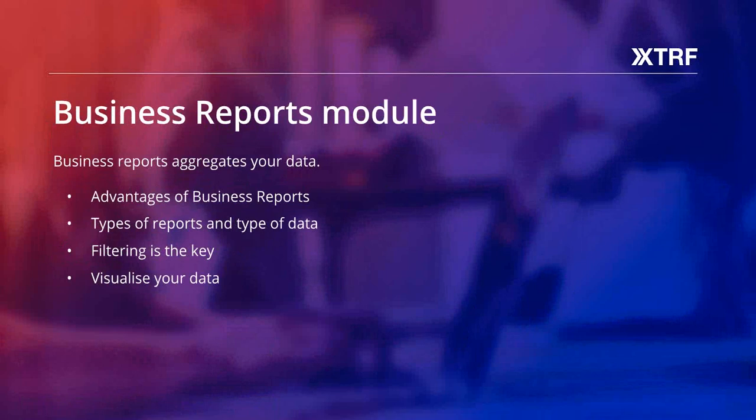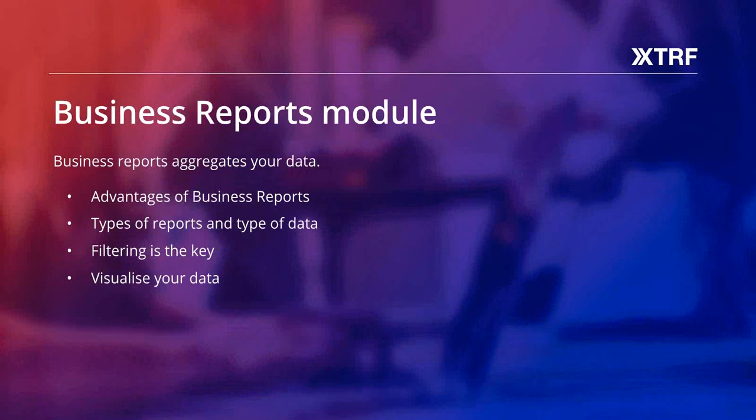So if you're interested in getting data of a certain type, and you want to put it together to see the summary, or just highlight some details, the business report can accumulate your data, aggregate it, and display it in the form of a table or in the form of a chart.